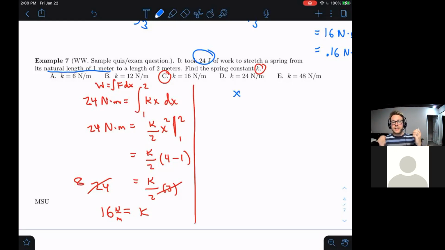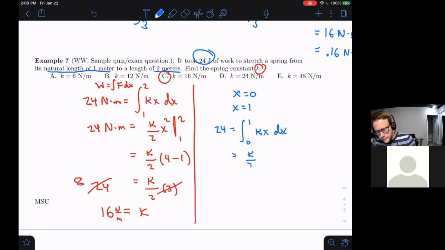So when you say its natural length is 1 meter, that means that we're starting off at 0 meters from its natural length. And then of course 2 meters is going to be 1 meter beyond its natural length. So the correct setup is actually integrating from 0 to 1.